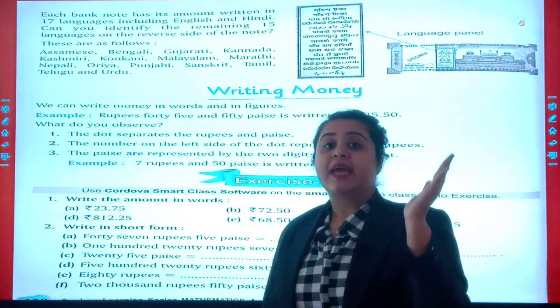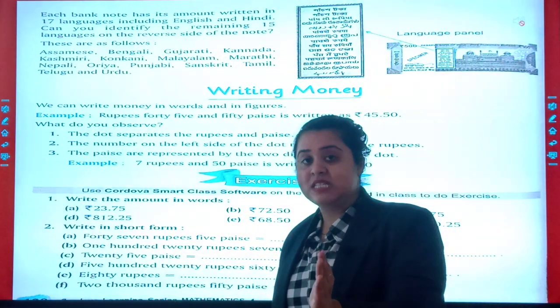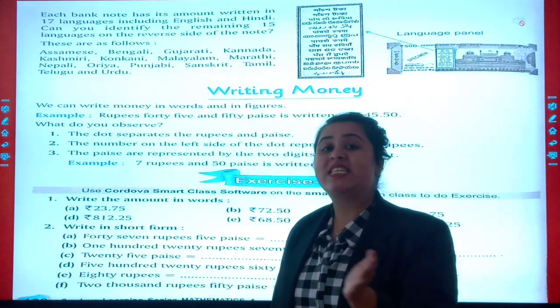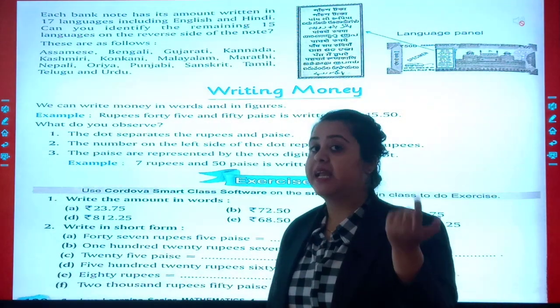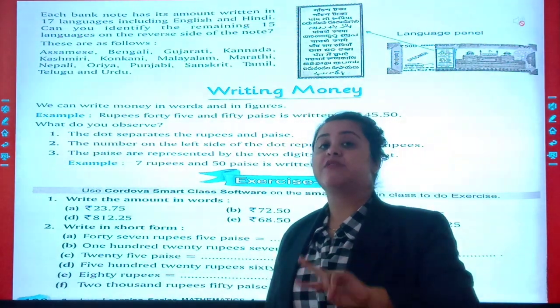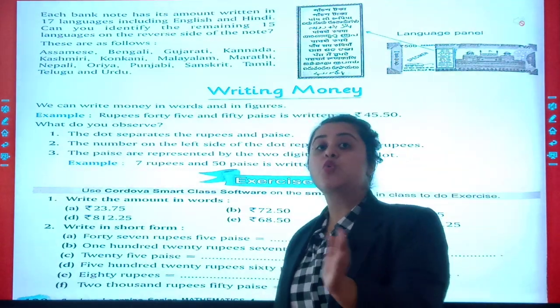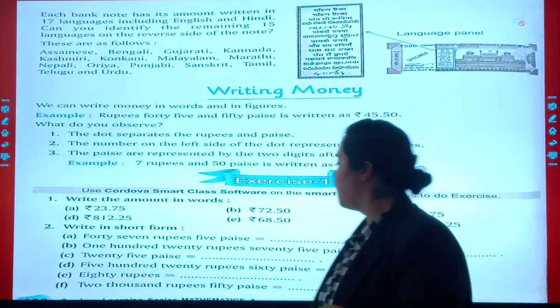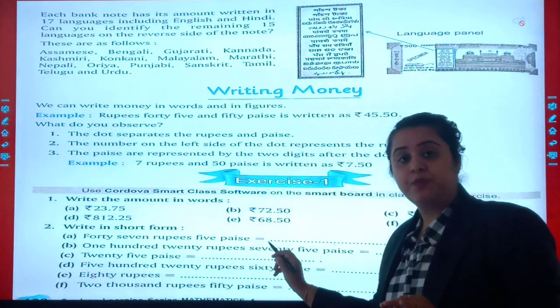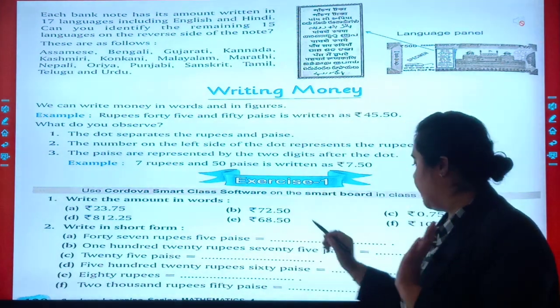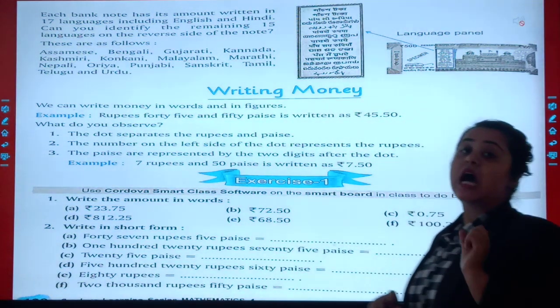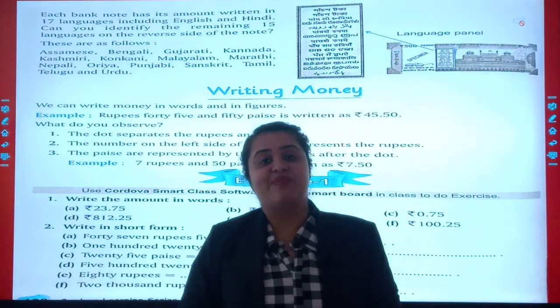Yes, 812 rupees and 25 paisa. How will we read it? 812.25. Okay. 68 rupees and 50 paisa. The last one is 100 rupees and 25 paisa.